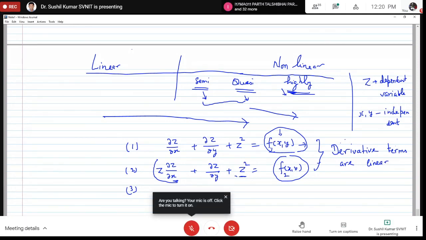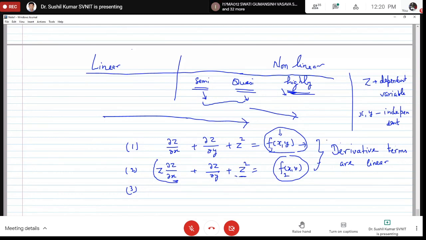Okay, this is the similarity, and I think it is the only similarity. Am I right? So this is the similarity in these two equations. What's the difference? Anybody?